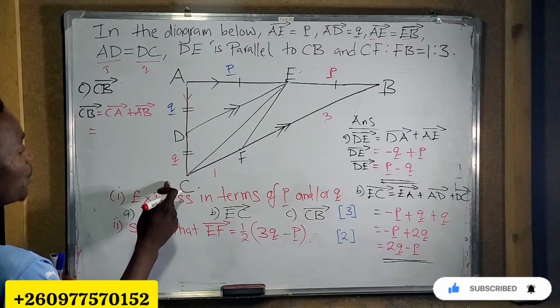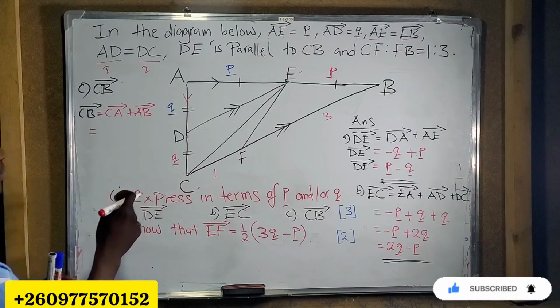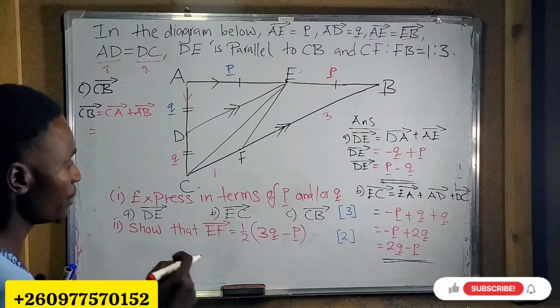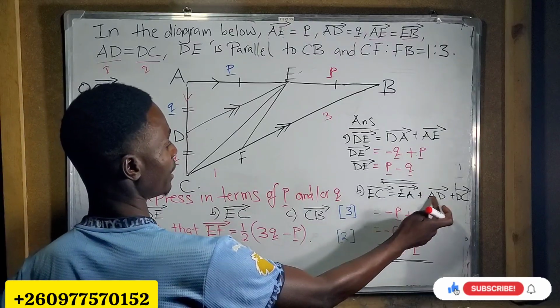AC is 2 vector what? We used AC somewhere, which is from A to C here.